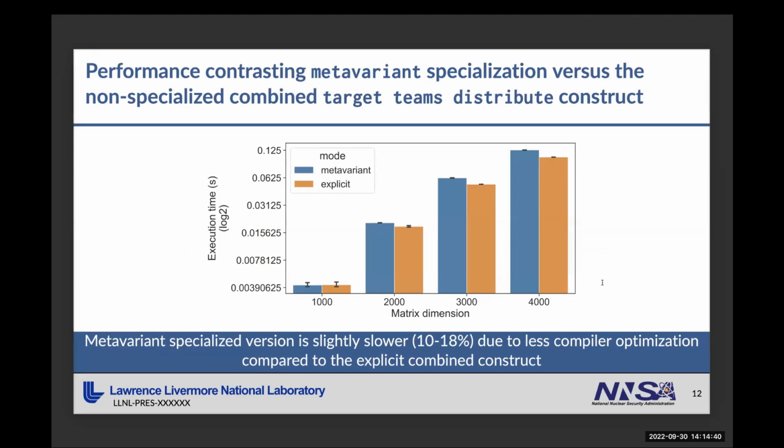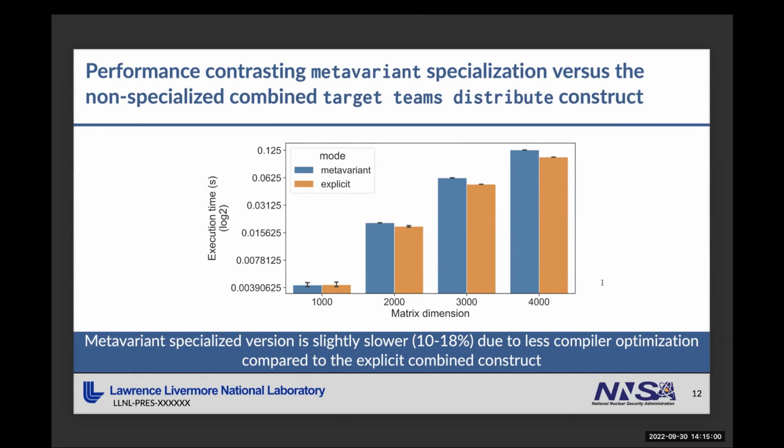Between the explicit and the meta variant version, the explicit is very slightly faster than the meta variant version. It's about 10 to 18%, because it loses some compiler optimizations compared to the combined construct.